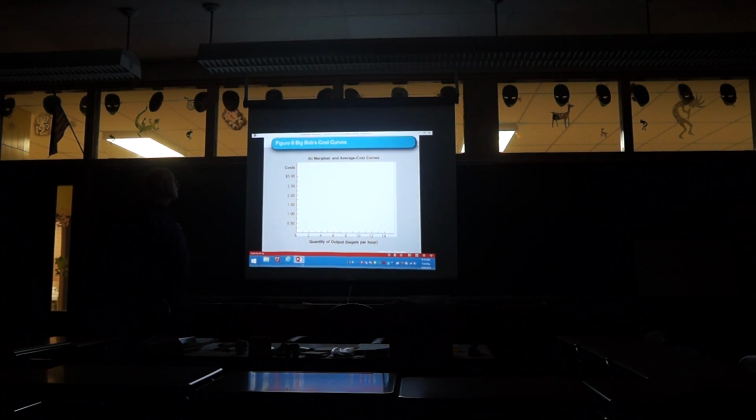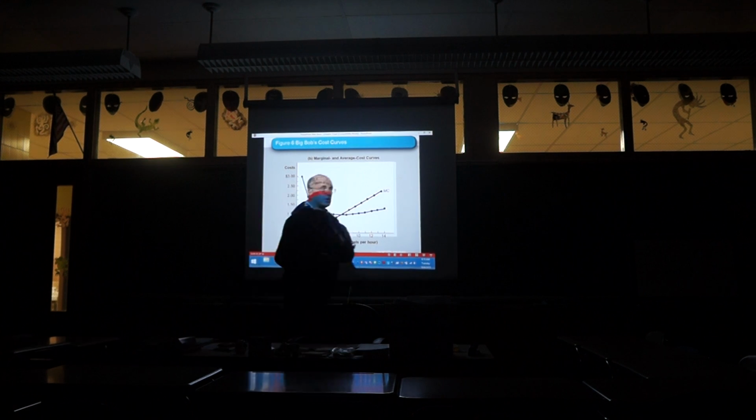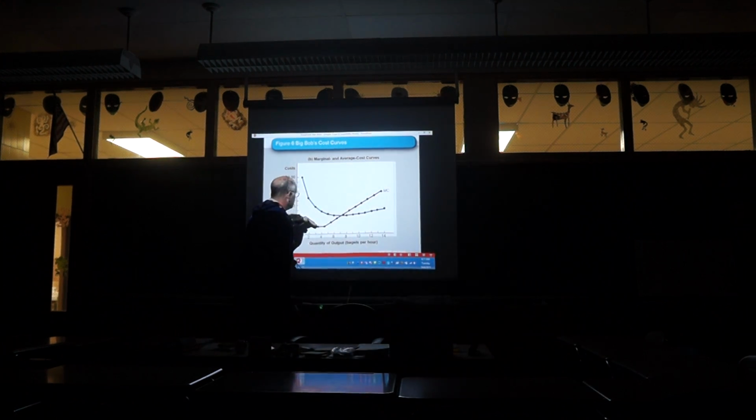Okay, what do the curves look like? Why is the marginal cost first downward sloping? Because at first, marginal productivity increases due to specialization. We saw that with the corn. I added a worker or two and marginal productivity went up. So as workers are more productive, the additional cost goes down.